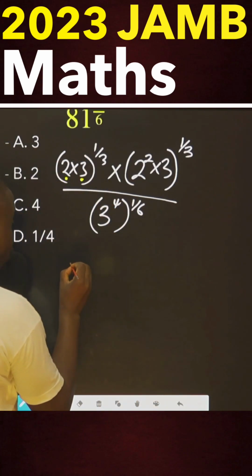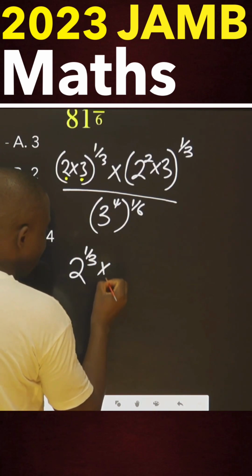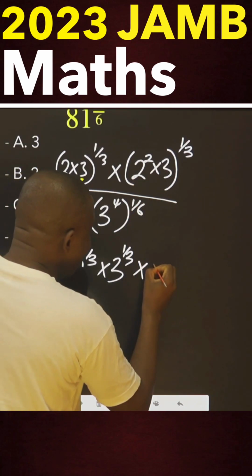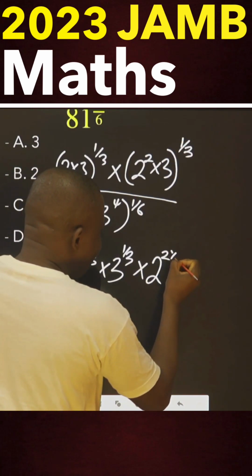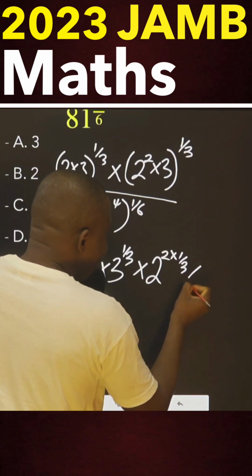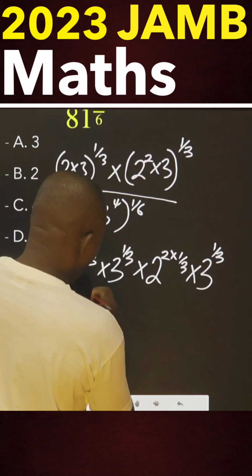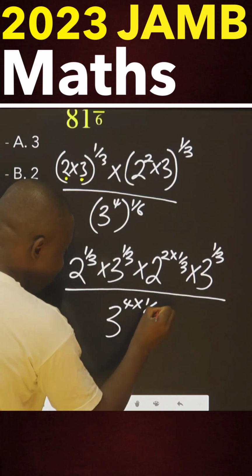It means 2 will go in a separate way. We put this here. 3 will also go in a separate way. We put this here. This guy, 2 raised to power 2, will go in a separate way. We bring this one closer. This guy too, we go in a separate way. We bring this one closer. All over these 3, 4, and 1 over 6 will come closer.